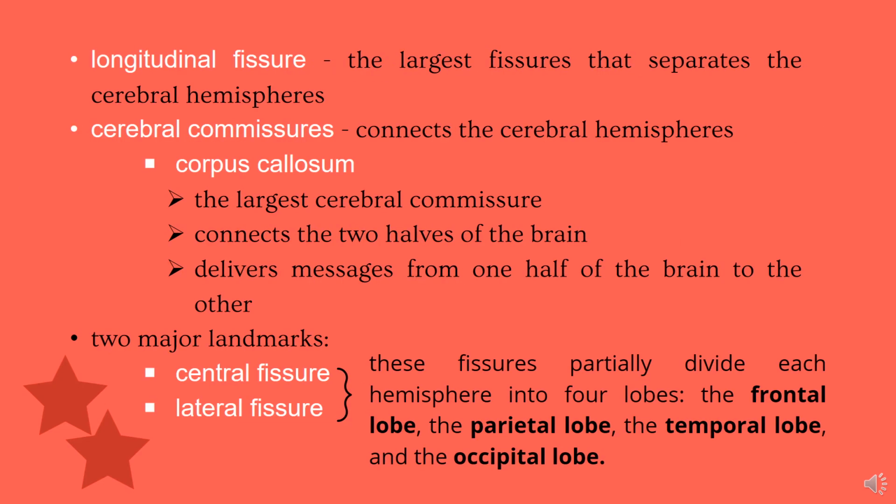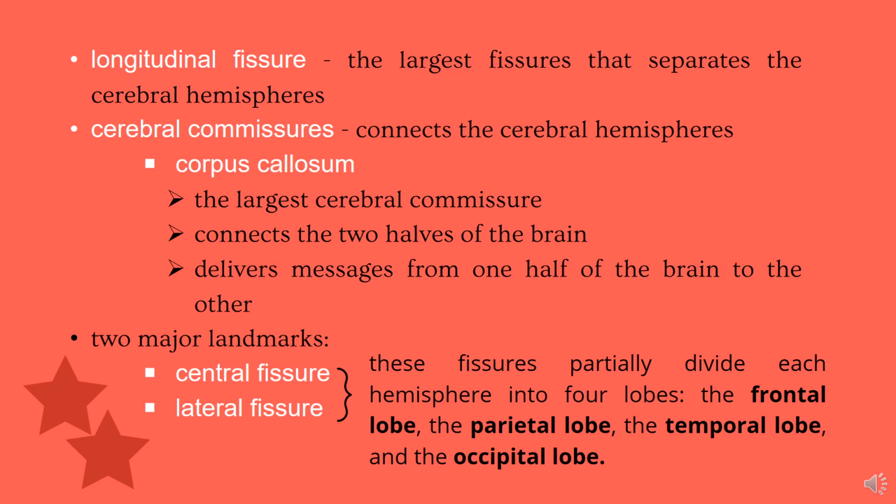The cerebral hemispheres are completely separated by the largest of the fissures, called the longitudinal fissure. The cerebral hemispheres are directly connected by a few tracts spanning the longitudinal fissure. These hemisphere-connecting tracts are called cerebral commissures. The largest cerebral commissure is the corpus callosum.